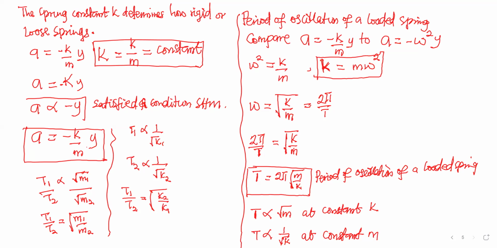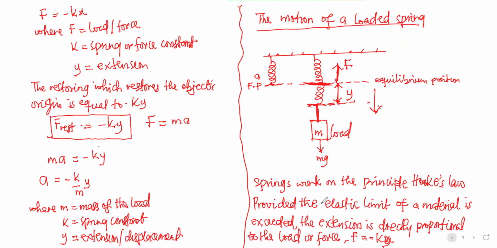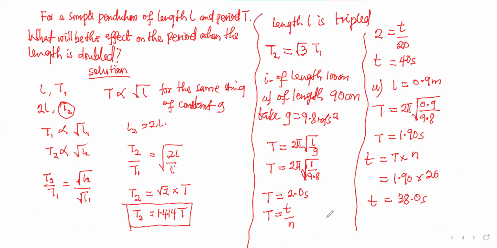Now, in fact, let's go back to simple pendulum and add this on. I think this will help those of you in NSMQ. For simple pendulum, especially the grandfather clock.